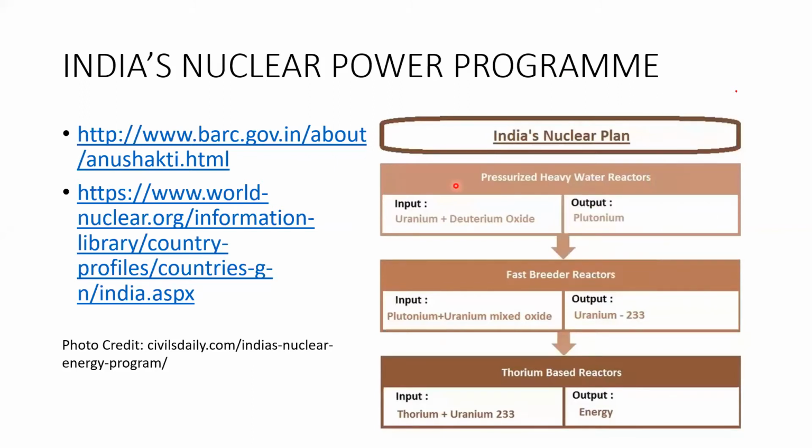In the first stage, pressurized heavy water reactors are used, which use uranium oxide and deuterium oxide as fuel material, and the output is plutonium. Means we can say that it will work as a breeder, so it produces plutonium.